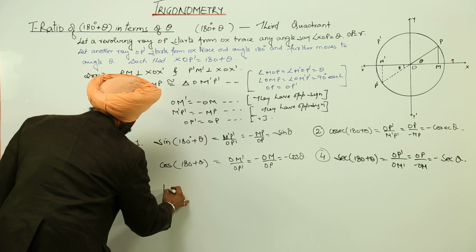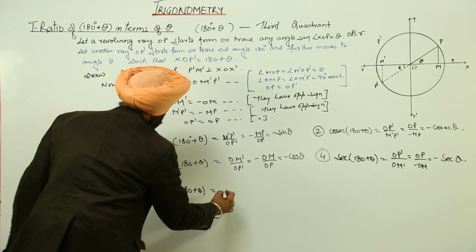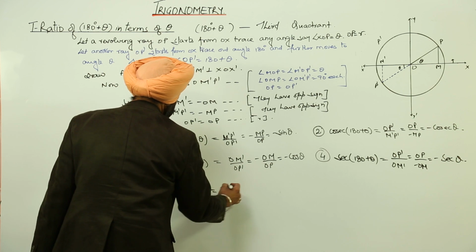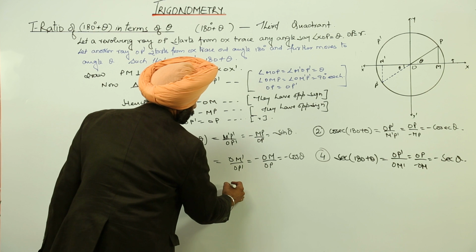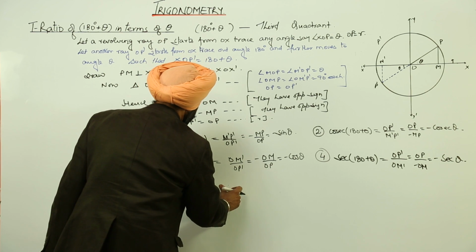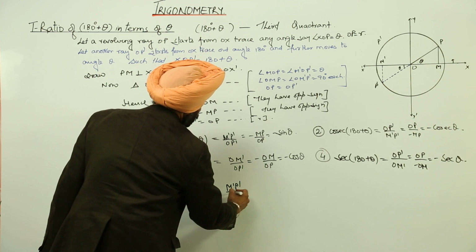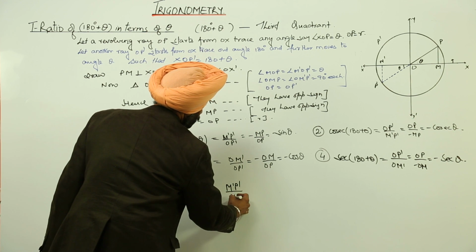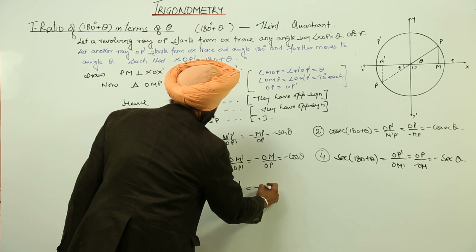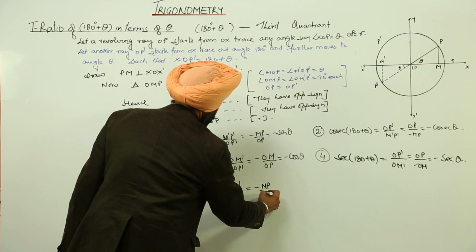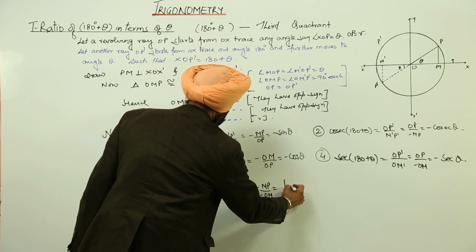Number 5. Tan 180 plus theta. Now this becomes M dash P dash upon M dash O or OM dash. Now this is equal to negative of MP upon negative of OM, which is equal to tan theta.